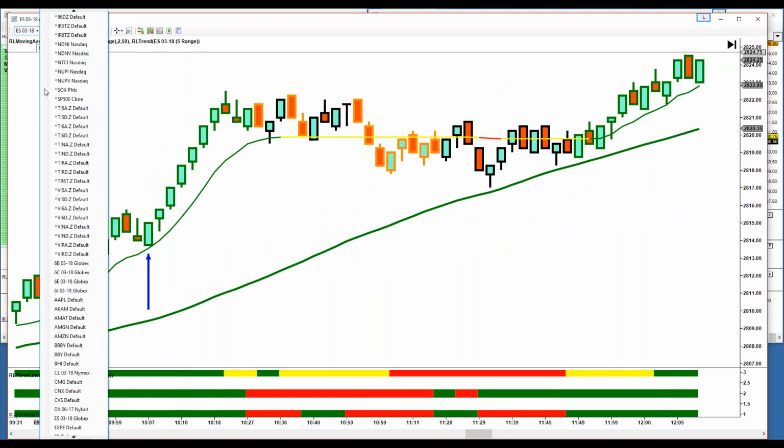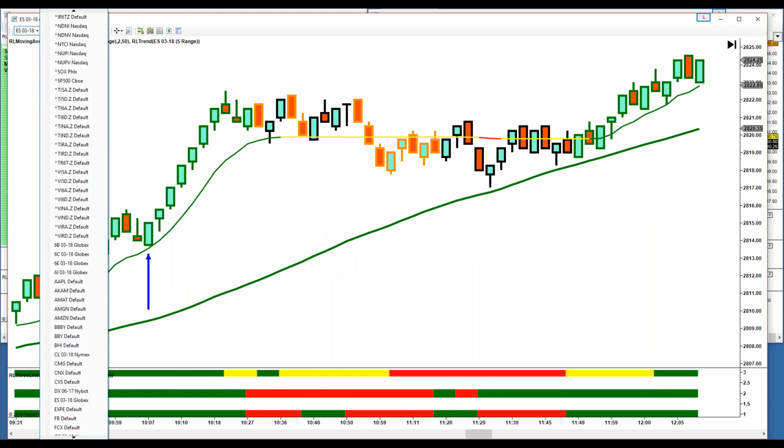We can look at another market. It doesn't make any difference. You're going to get the same results on this 3 line. It really is that powerful. I don't want to look at the Russell. I can look at the Russell, but let's look at, I don't know, we'll look at gold.